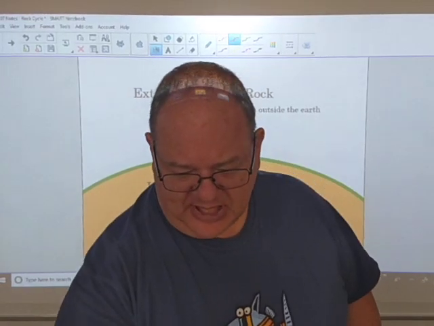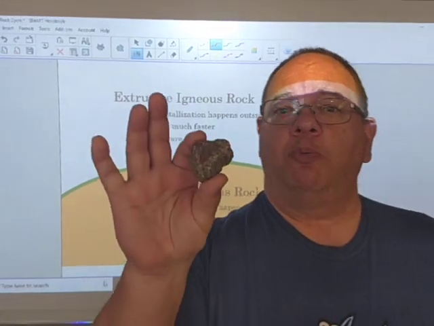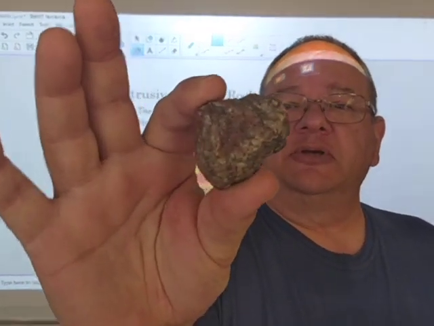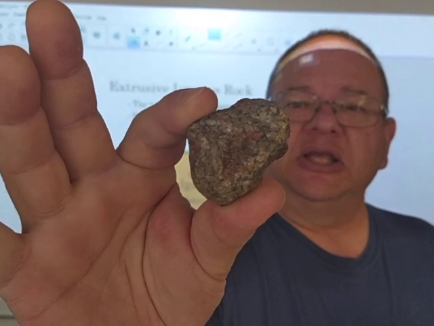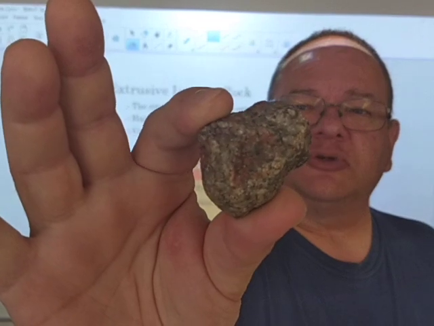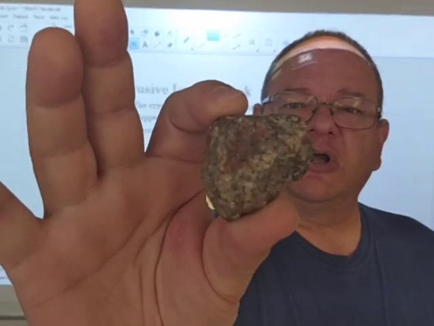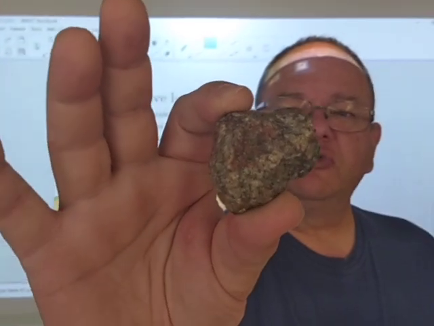Now I got a couple of samples here, and I'm hoping that you'll be able to see, if I hold it still, you can see on this rock, you can actually see the different crystals. You can see there's different colors and different textures, different shininess. Those are different crystals.